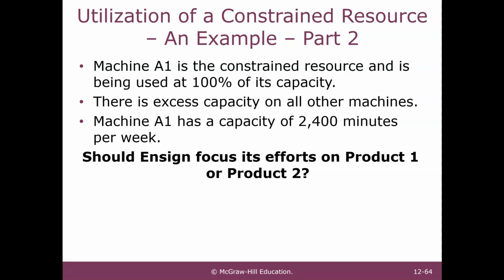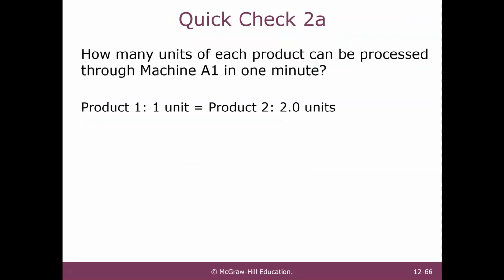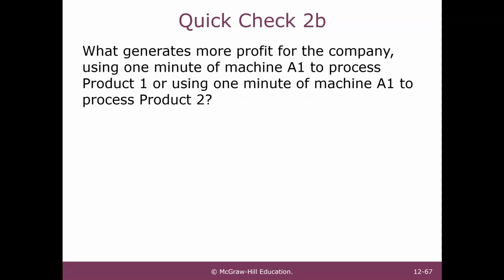Okay, machine A1 is operating at 100% capacity, so we cannot add any more to it. It only has a capacity of 2,400 minutes per week. 1 minute can produce 1 of product 1 or 2 of product 2.